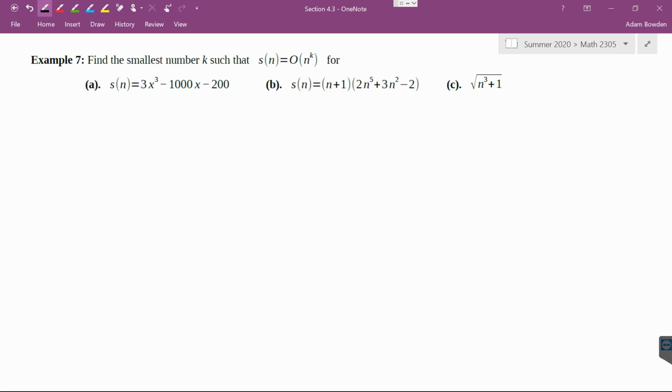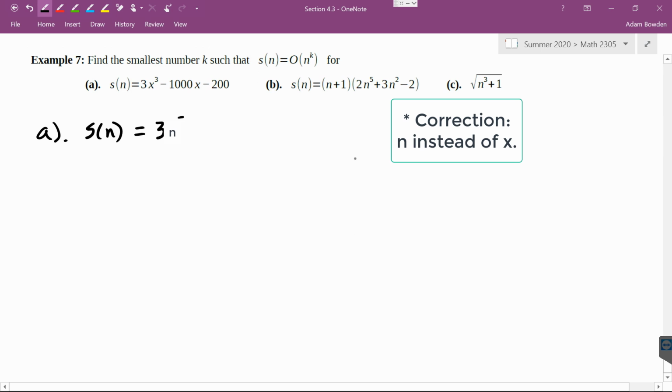Okay, now for this example, we want to establish the big O for n to the k power for each of these functions. Start out with this one, s of n is equal to 3n cubed minus 1000n minus 200.